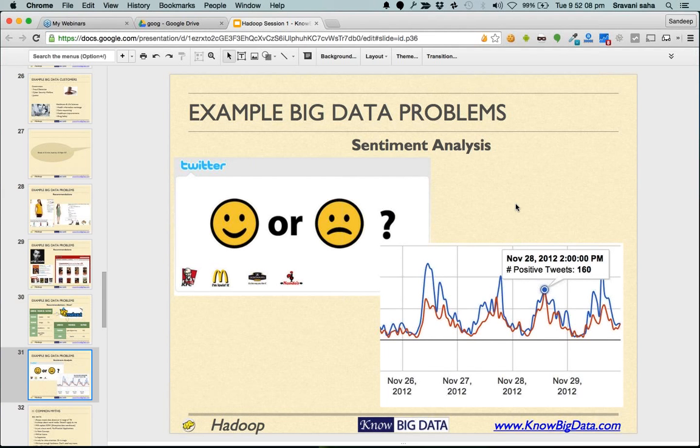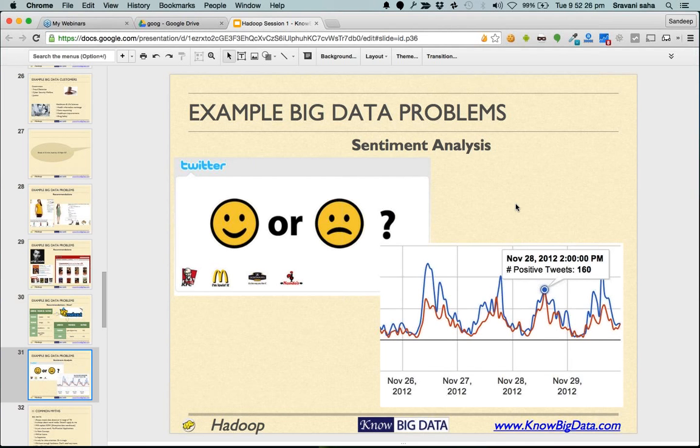You gather all of this data, parse it, clean it, and then gather the statistics of how many people are liking or disliking your product or brand.